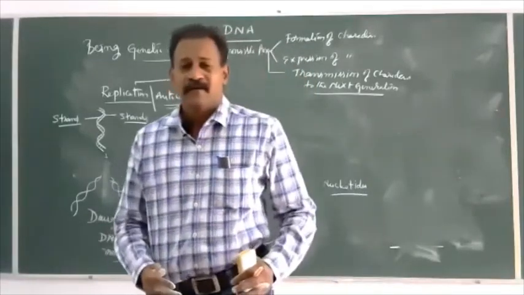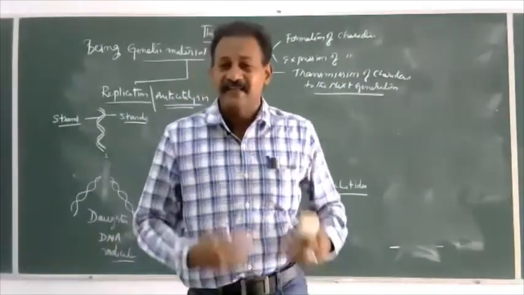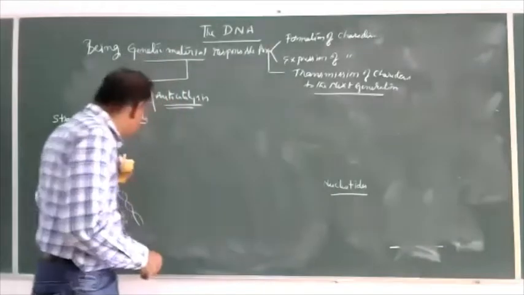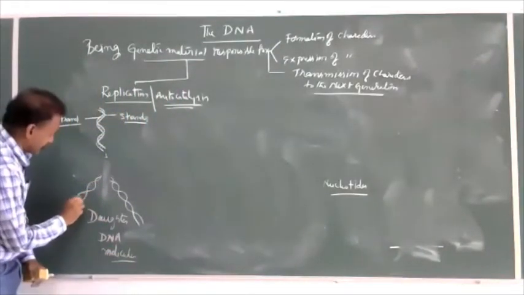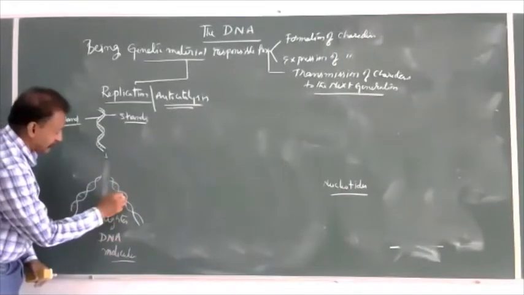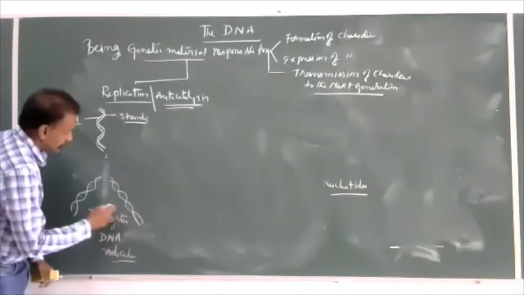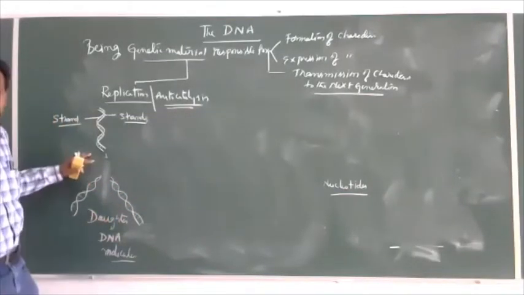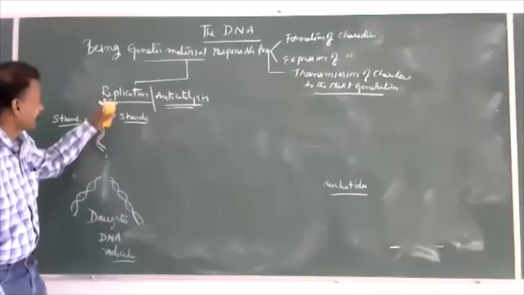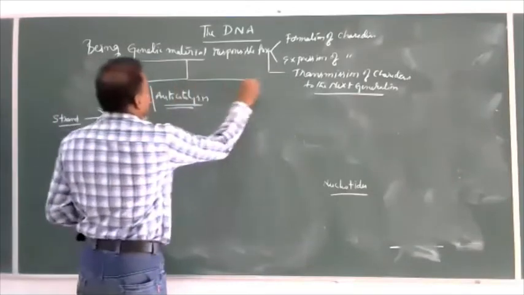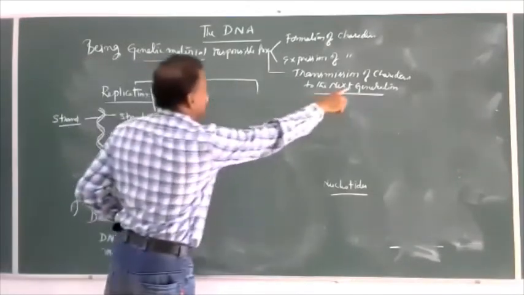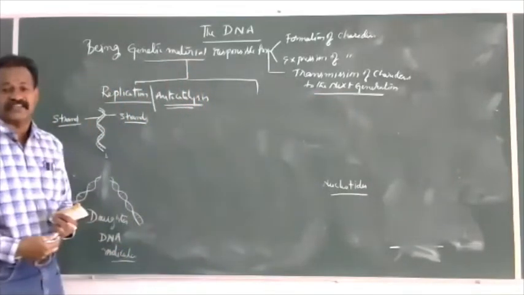How are they looking alike? It is because the nature of DNA is this, replication. These are similar to each other and they are similar to their parent cells. Replication, autocatalysis, is important for transmission of characters to the next generation.